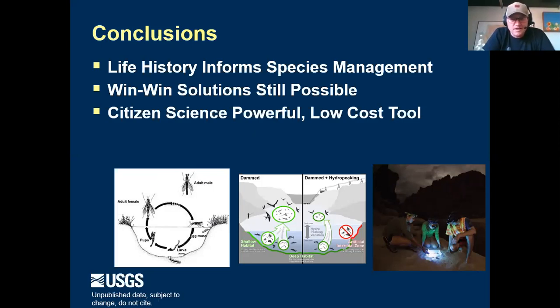Another take home is that win-win solutions appear to still be possible. This bug flow approach is super low cost for hydropower, and we're hoping it leads to benefits to aquatic insects too. And then finally, citizen science. That's a really powerful and low cost tool for monitoring.